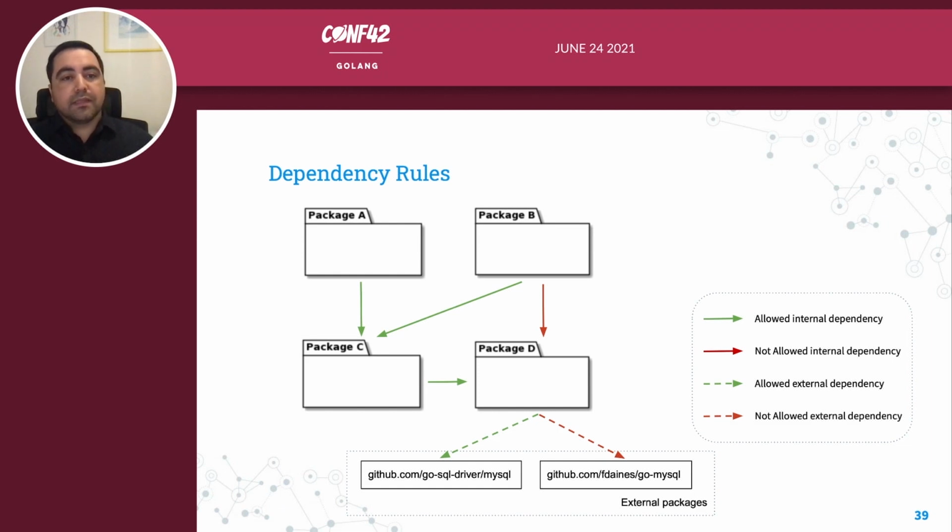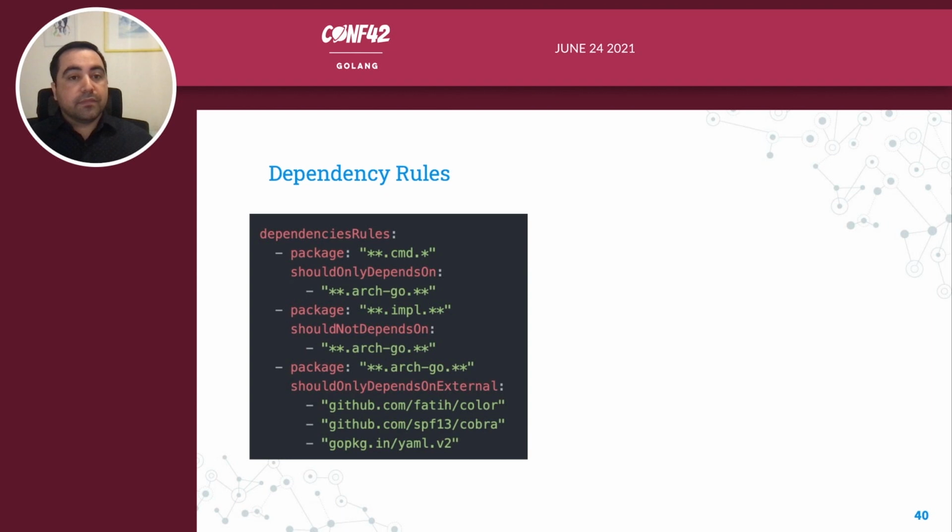All of these dependency rules can be modeled in ArcGo. As we can see, it's very simple to represent those rules in the YAML file. We have to declare a package using a pattern, and then the keywords that can be: should only depend on, should not depend on, and should only depend on external.